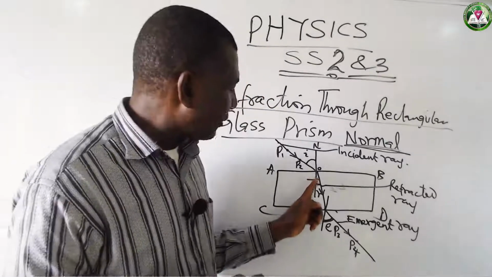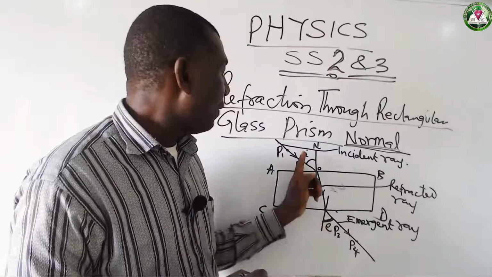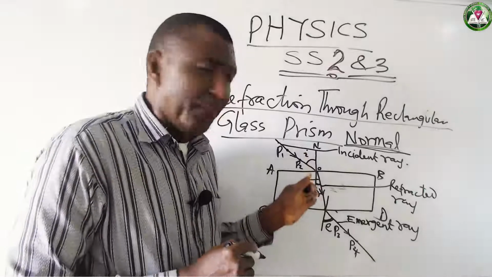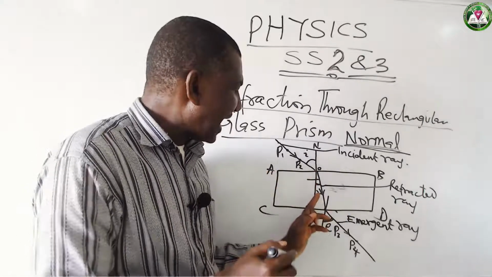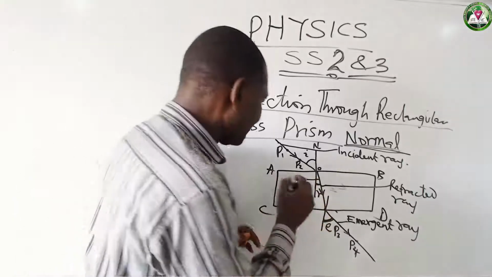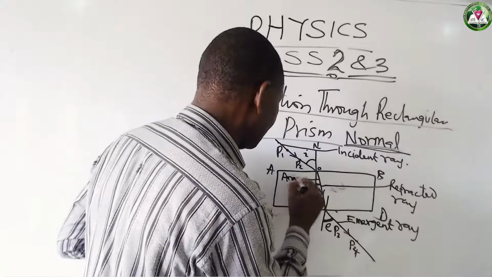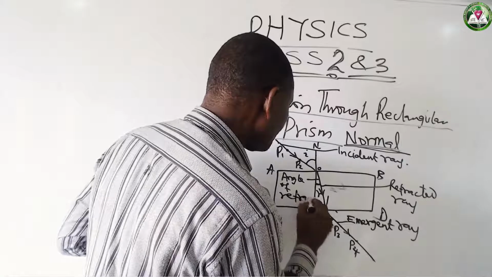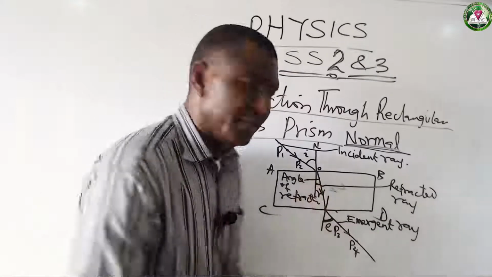This is the angle of emergence, or the emergent angle, while this is the incident angle. The angle inside the block between the ray and the normal is known as the angle of refraction. So we can write it here, angle of refraction.